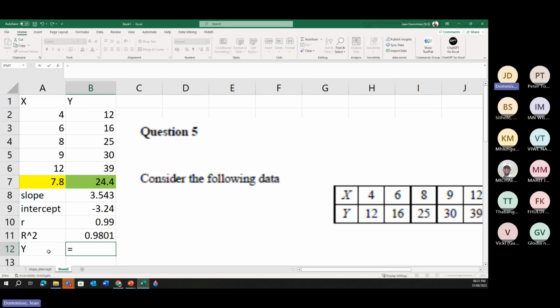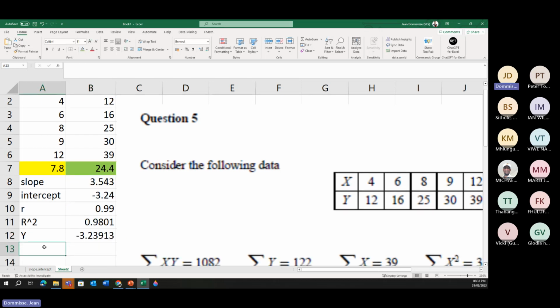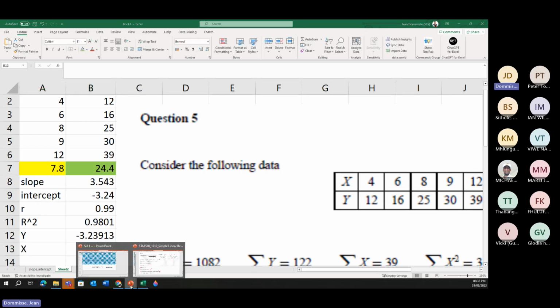That would be equal to the intercept plus the slope times whatever x would be. They told us the x was 10.